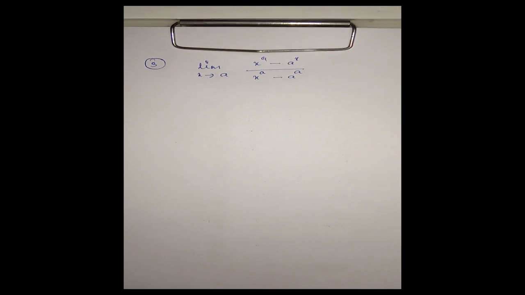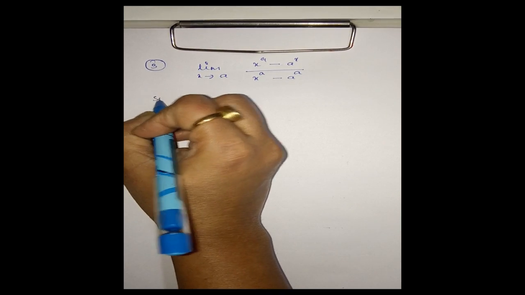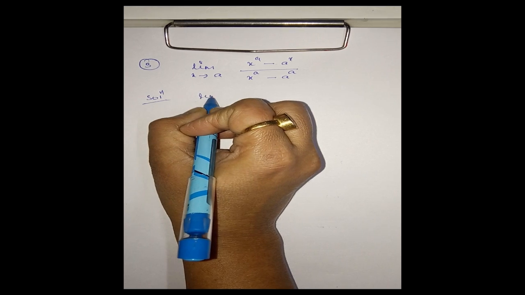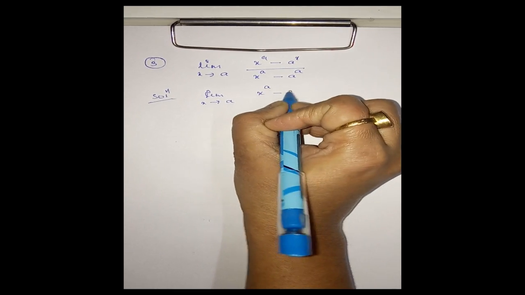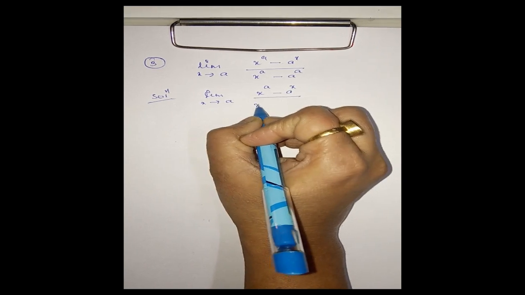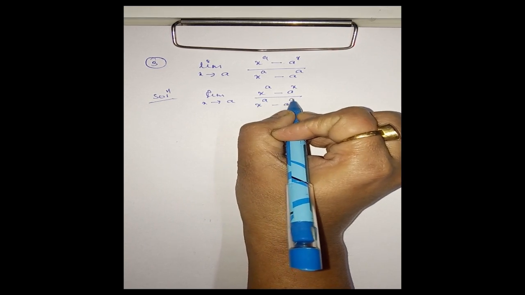Now we have to find this limit. Right the solution. Limit x tending to a, x power a minus a power x divided by x power a minus a power a.